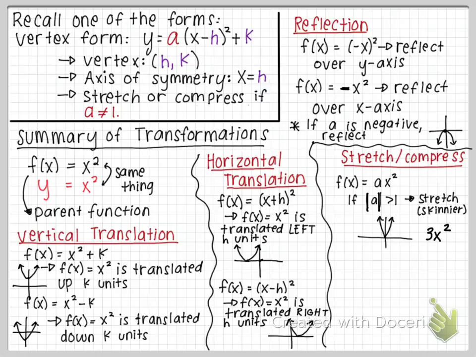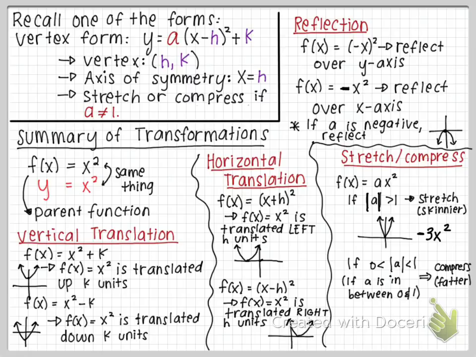That means if it was negative 3x squared, the absolute value of that a term, negative 3, is 3, right? So 3 is greater than 1. So don't worry about that negative sign. Remember, that negative sign doesn't tell us if it stretches or compresses. The negative sign tells us if it reflects. All right?